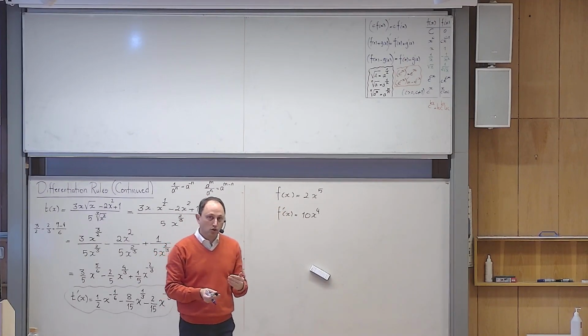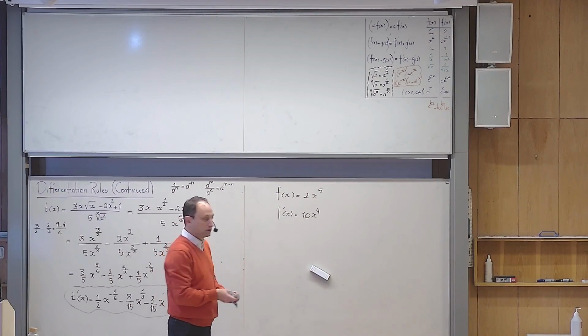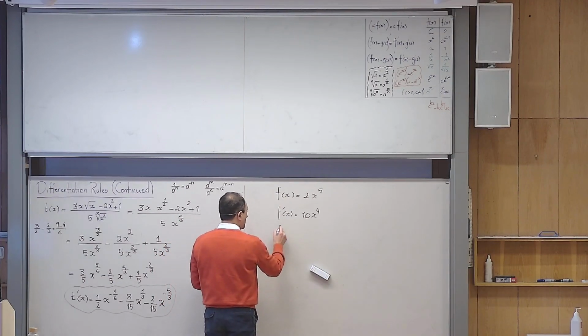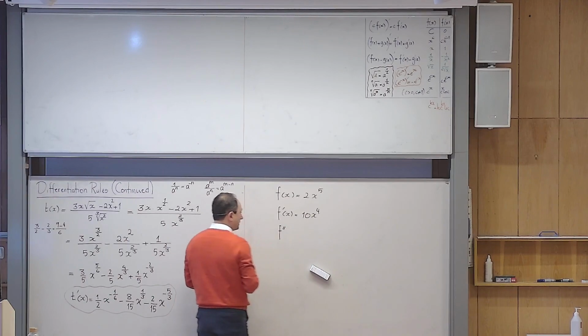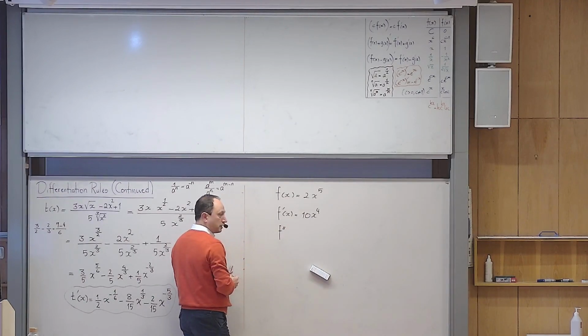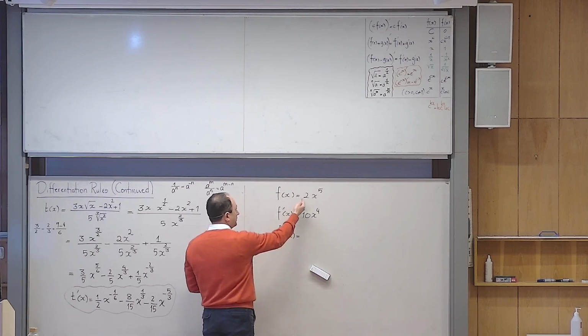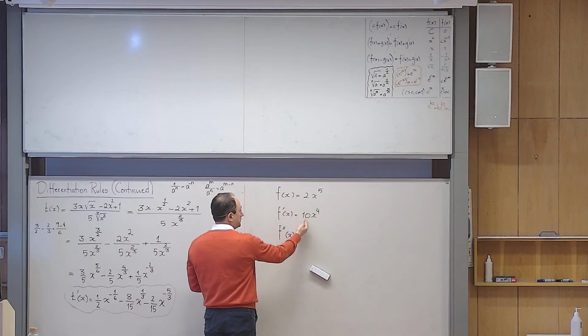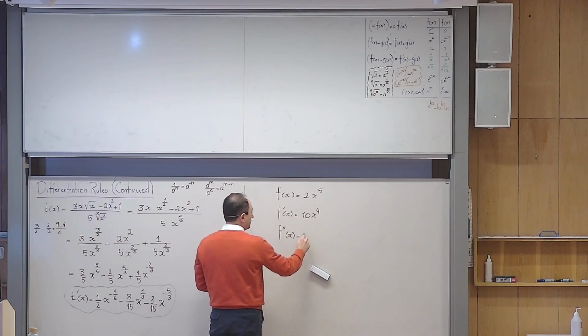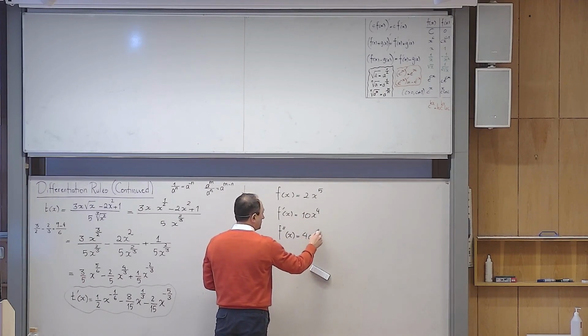What you get is called the second derivative. Okay, and then there is a symbol for that. In English you call it double prime. So f double prime of x means after finding the first derivative, do another derivative for this one, and that would be 40x to power what?